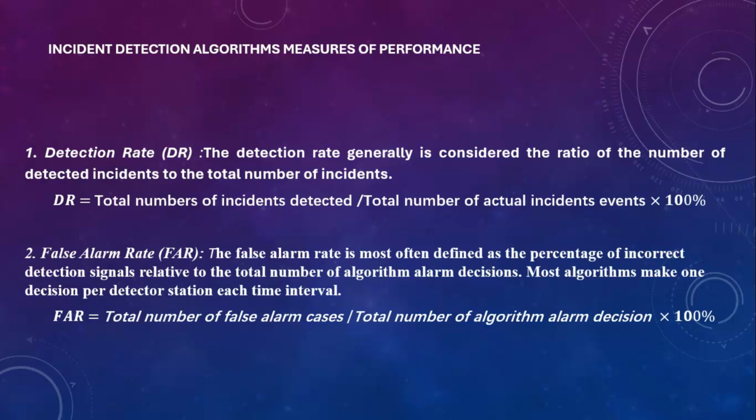The lower the detection rate, the less effective that particular algorithm is. Because the reason for this being in place is to be able to have a high detection rate of whatever incident happens on the road. So any algorithm that has a higher detection rate of incidents on the road shows that it is quite effective, and it helps us to measure the performance.